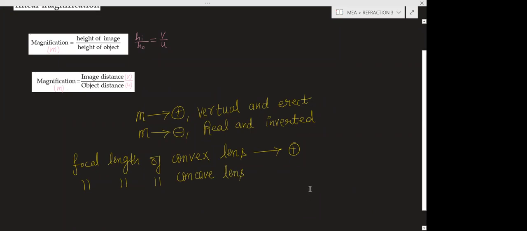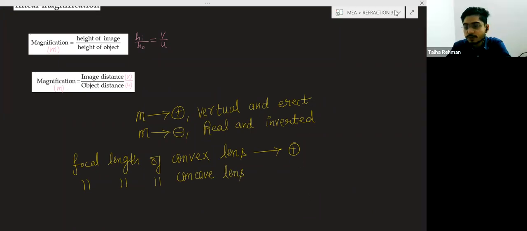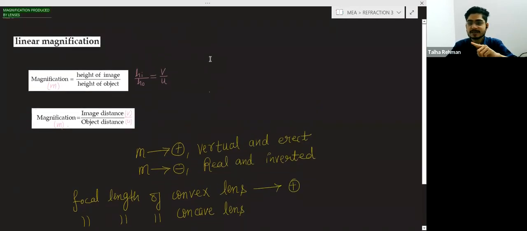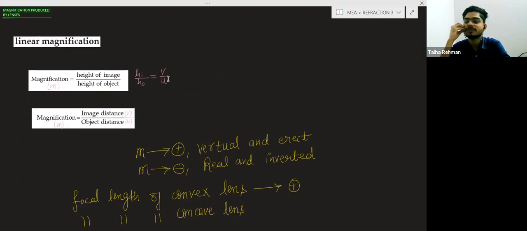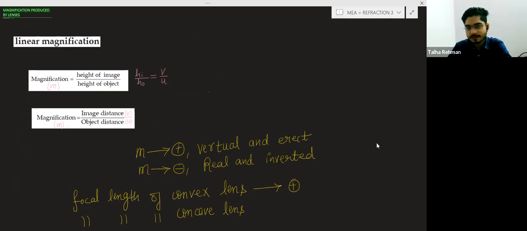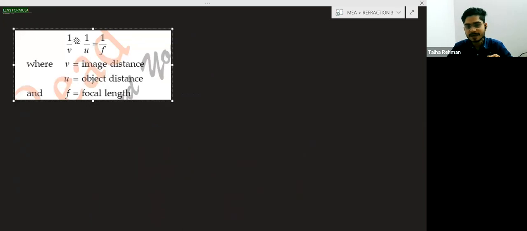No, no. Minus V by U is in the mirror. In the mirror we have minus V by U, but in the lens we have V by U only. Got it? Like you can see, you have the lens formula here and the mirror formula here.